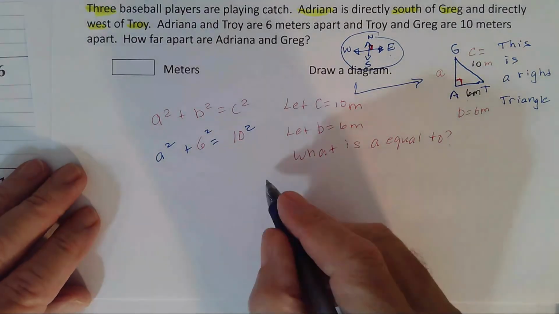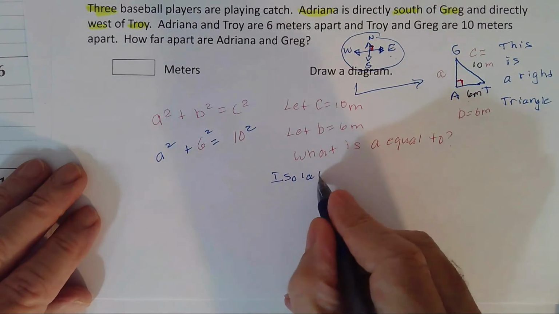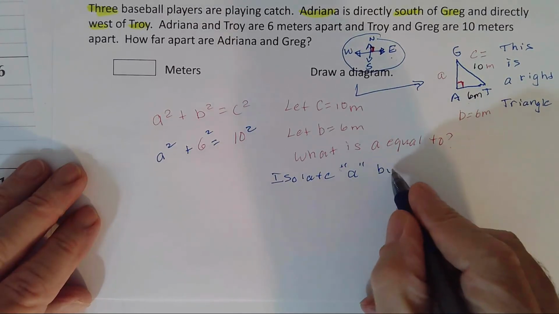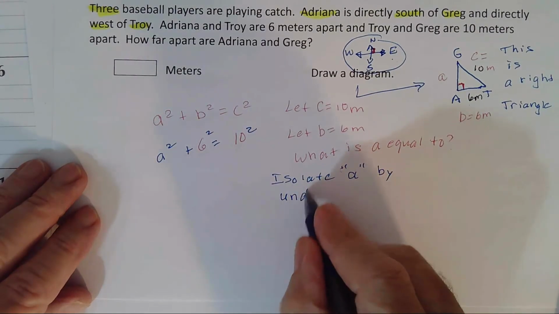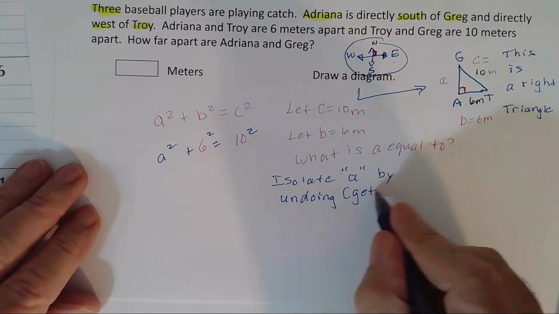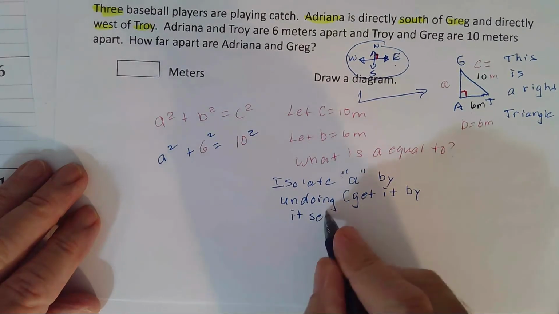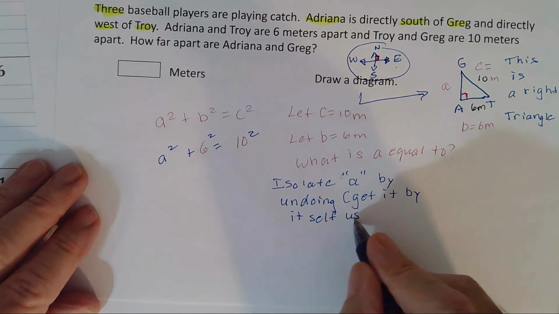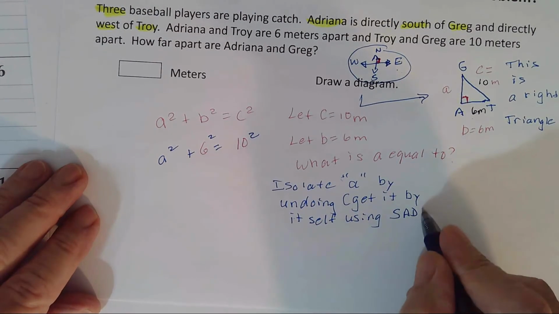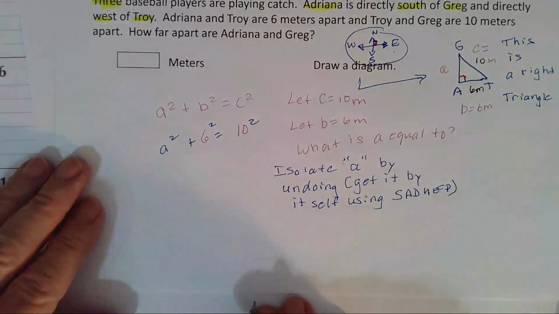So we want to isolate A by undoing, which means get it by itself using what? SAD map. Okay, that's what we're doing.